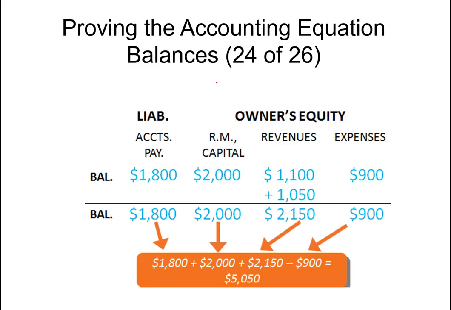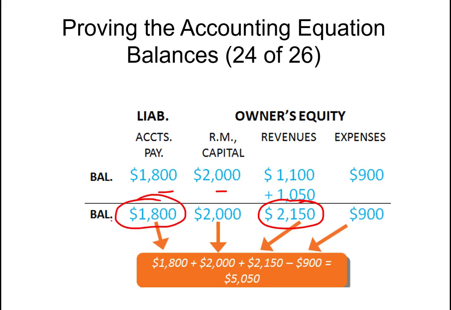For our liability and owner's equity side, there's no change on our liability and also capital, but our revenue will increase. So our revenue increases from 1,100, now we have a new 1,050, so the total revenue is 2,150.